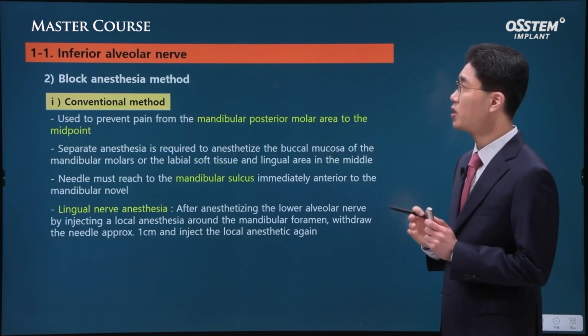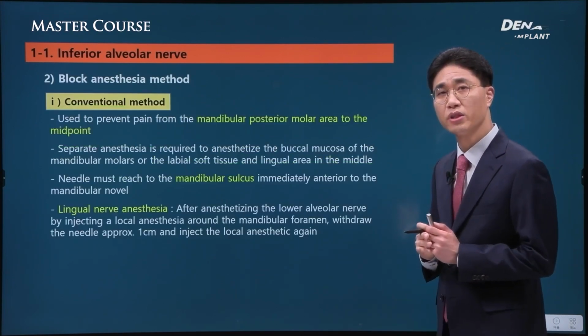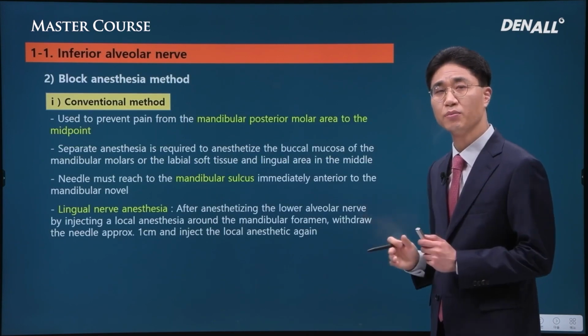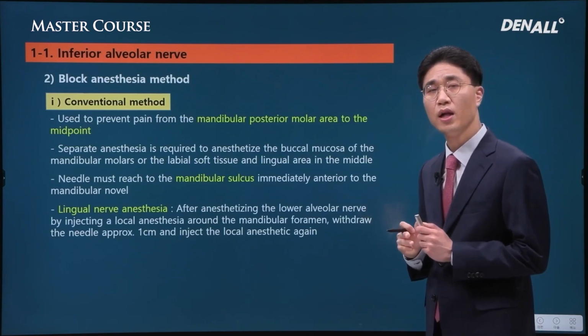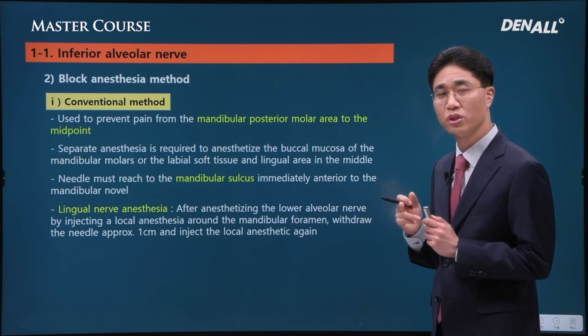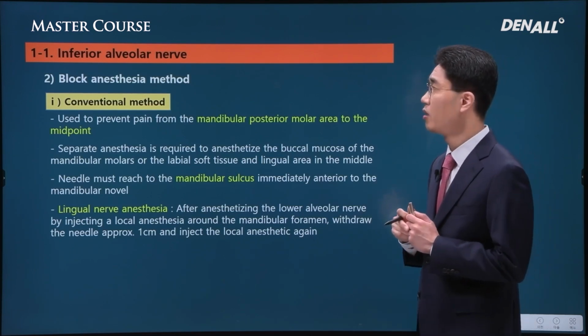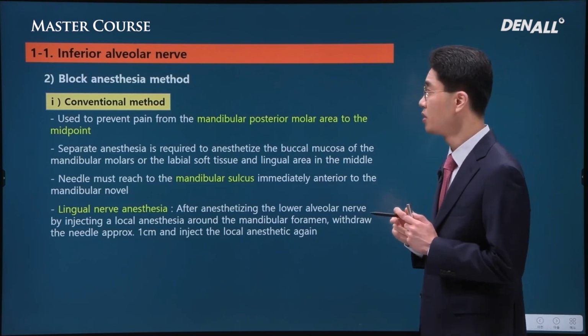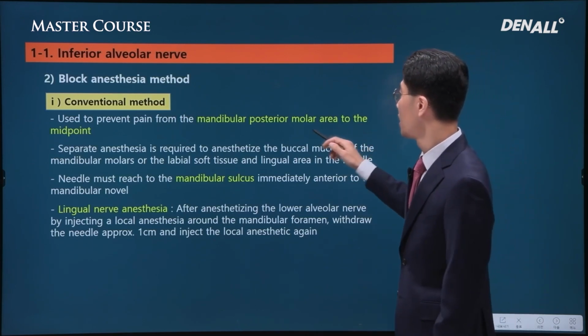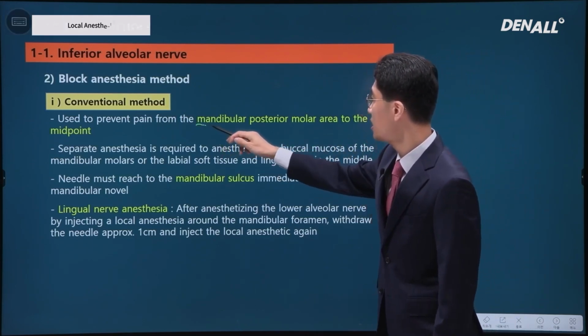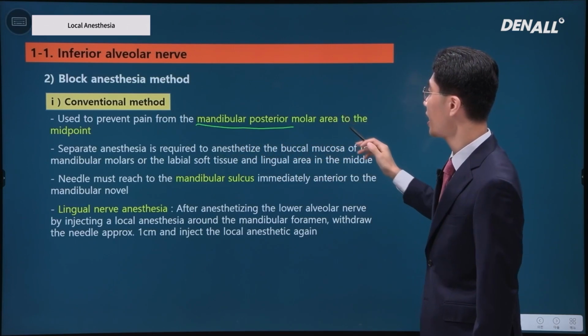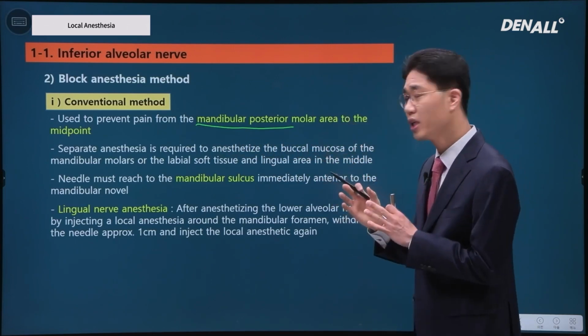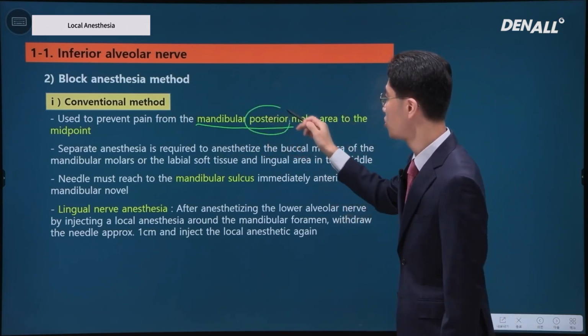In doing block anesthesia on the inferior alveolar nerve, there are multiple ways to do this. Multiple options are available. The most conventional method is as shown. This is used to prevent pain from the mandibular posterior molar area to the midpoint.